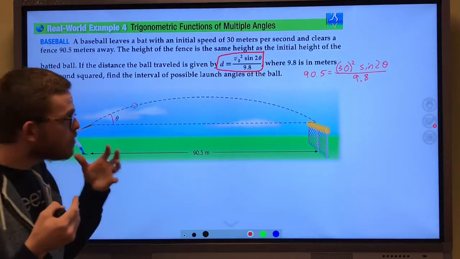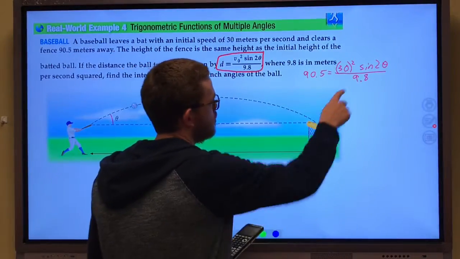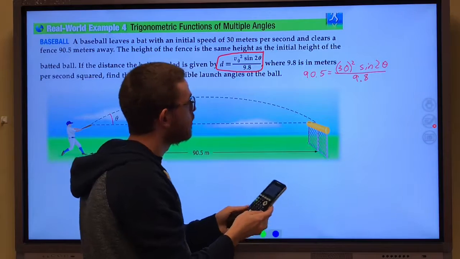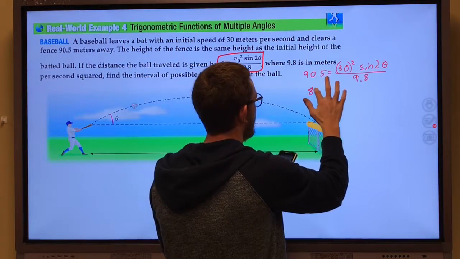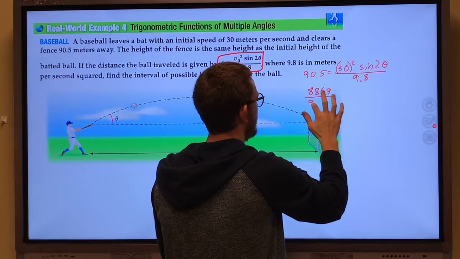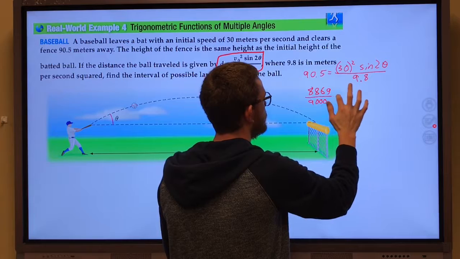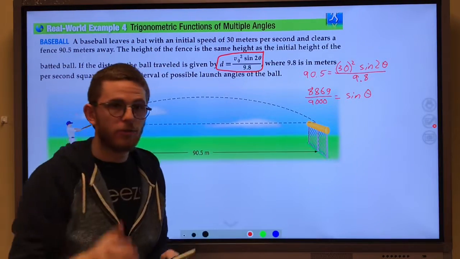So if we just simplify this down, multiply both sides by 9.8, divide by 900, we get as a fraction 8869 over 9,000 equals sine of 2 theta.